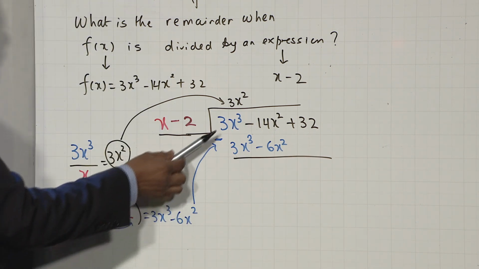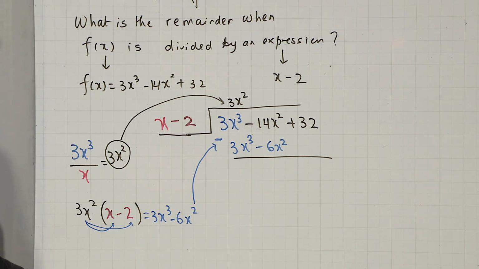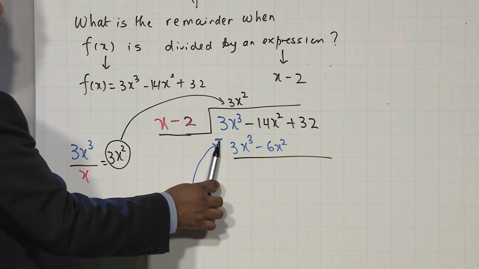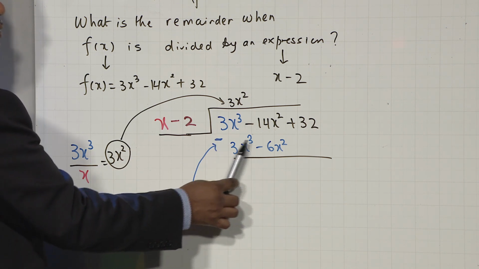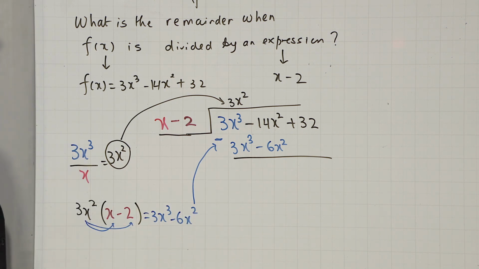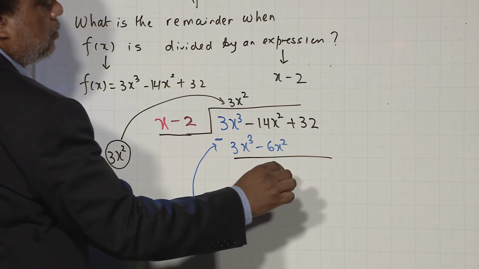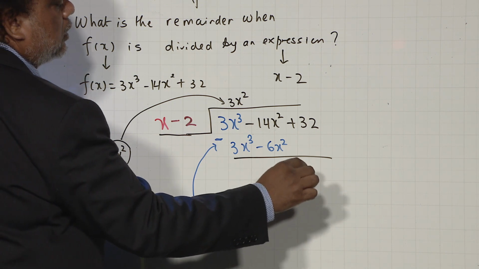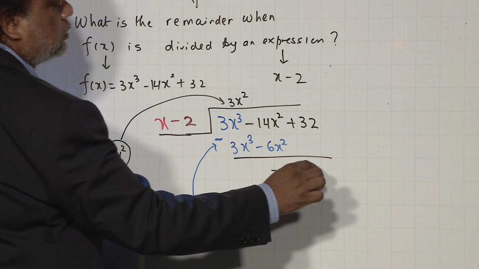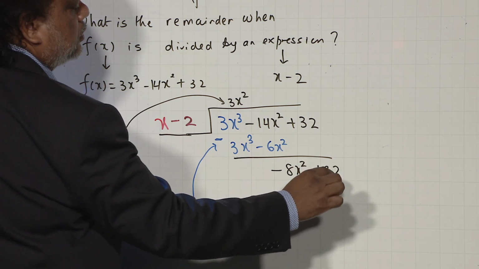So 3x cubed minus 3x cubed cancels, minus 14x squared plus 6x squared gives me minus 8x squared, and 32 minus 0 is 32.